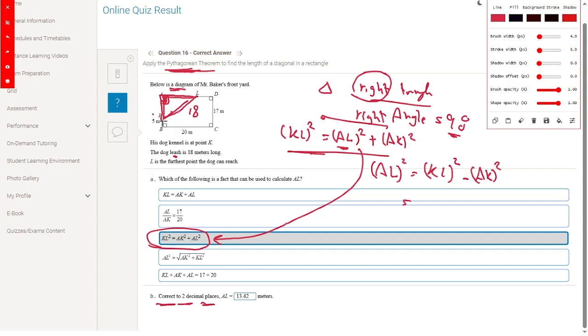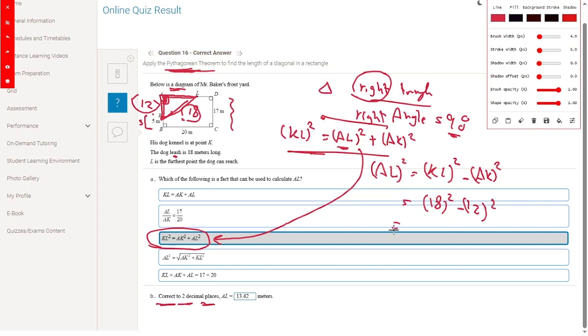Now KL, as we said, is 18 squared, and AK, we have this side is 17, and here BK is 5, so this one will be 12, so minus 12 squared.